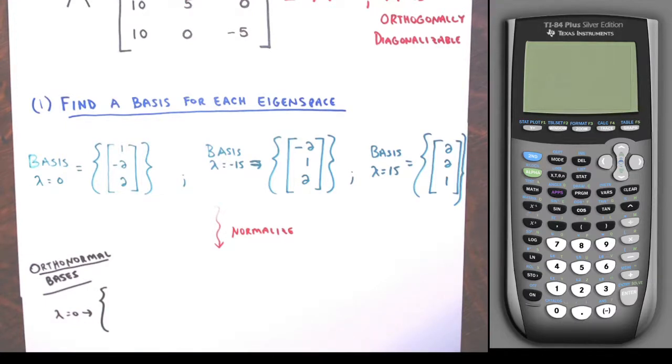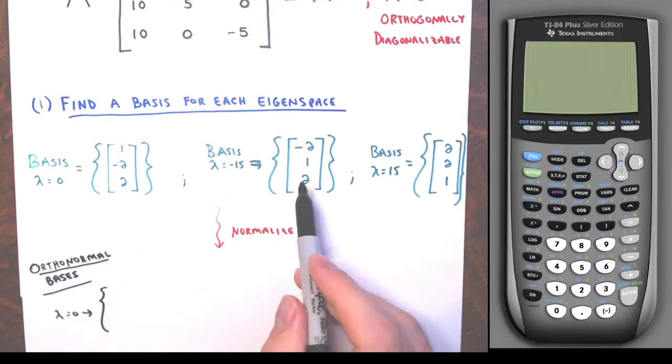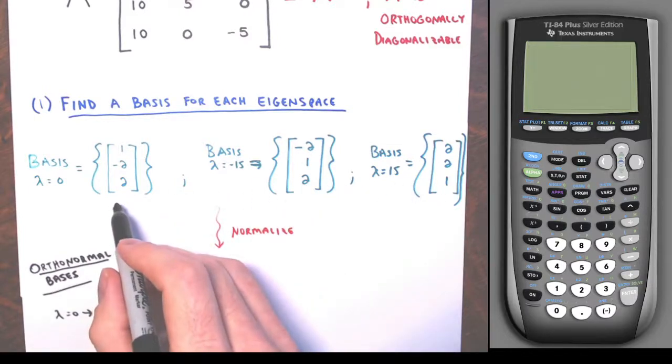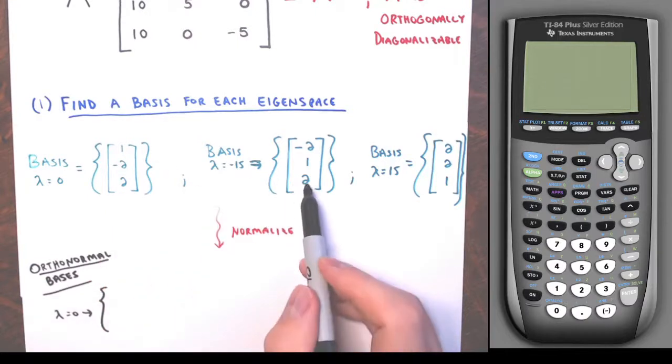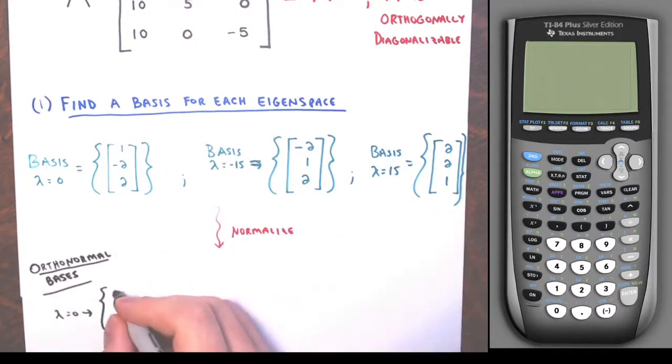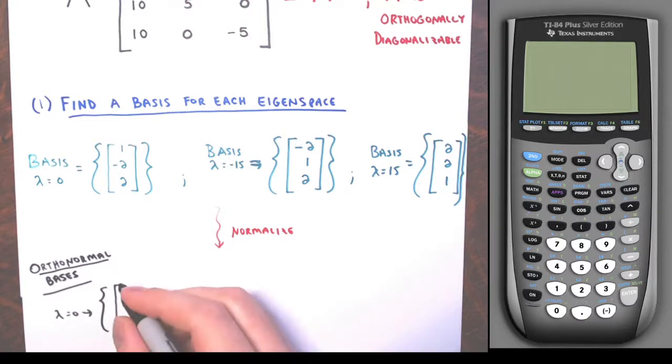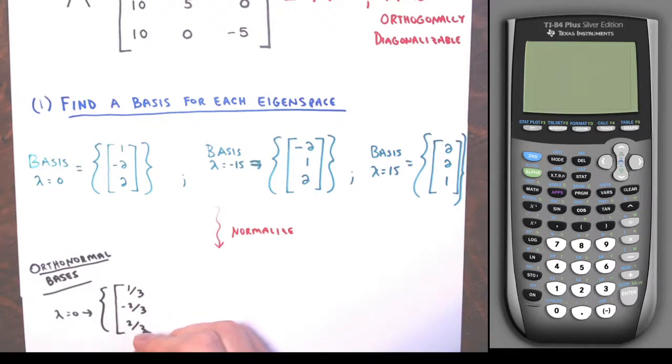That's 9, and then the square root of that. The norm of each of these vectors is 3. So I'm going to divide each vector by 3. So when lambda was 0, we're getting (1/3, negative 2/3, 2/3). We're just dividing that vector by its norm.